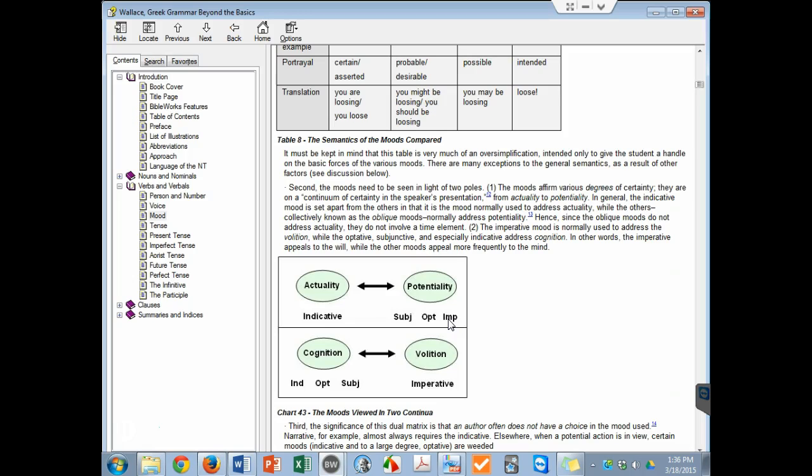So obviously, Wallace put it there because he thought it referred to potentiality. And I'm telling you that from one standpoint, you could say, well, obviously the action isn't actual, it's only potential. And so I say that's true, and therefore it belongs on that continuum.